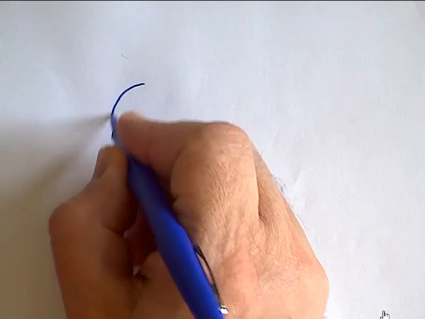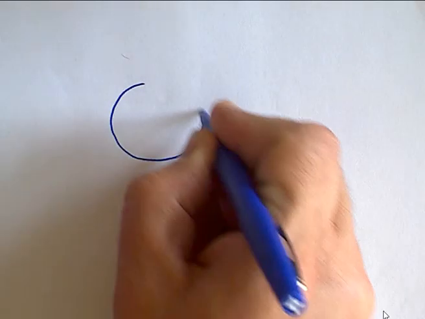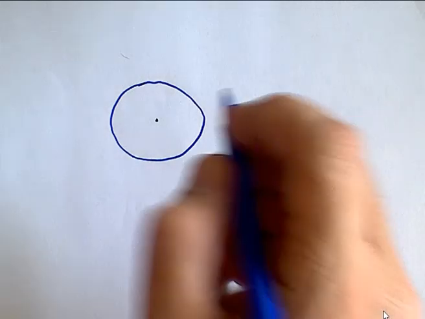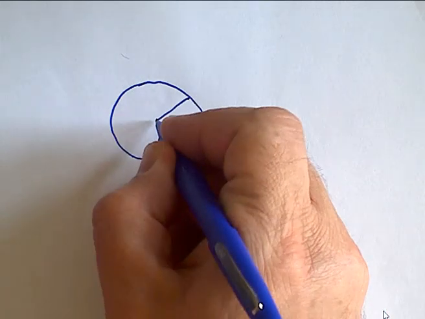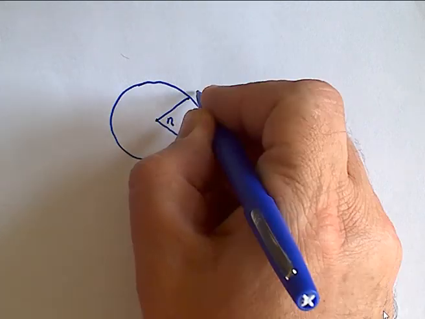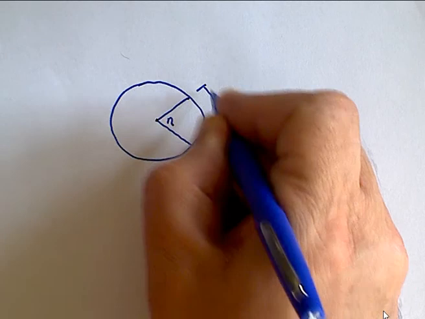central angles. And here's what we said. If you're given a circle, a central angle has a vertex at the center. And we said the measure of a central angle must always equal its intercepted arc.